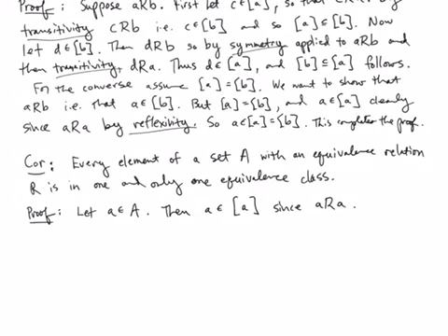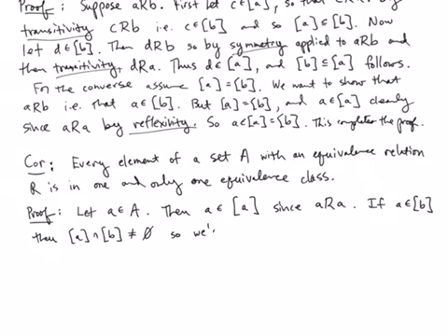And to see that it's in only one, well, basically, if it were in any other, then that equivalence class would overlap with the equivalence class of A, and they would have to be exactly equal, right? Because they're not allowed to overlap non-trivially. So if A was in some other equivalence class, then the intersection of these two equivalence classes would be non-empty.